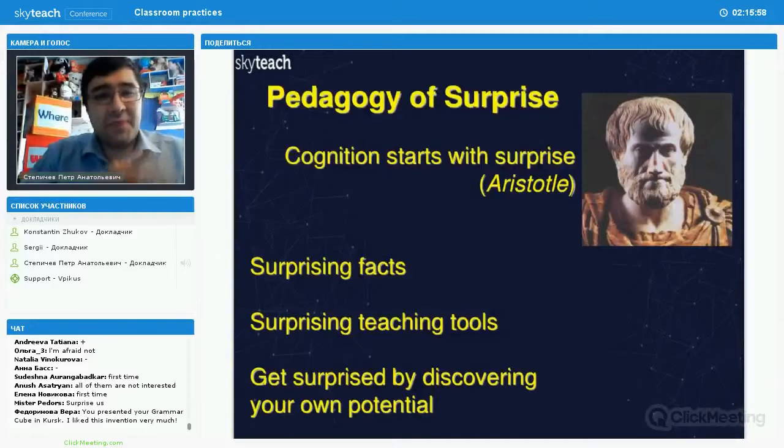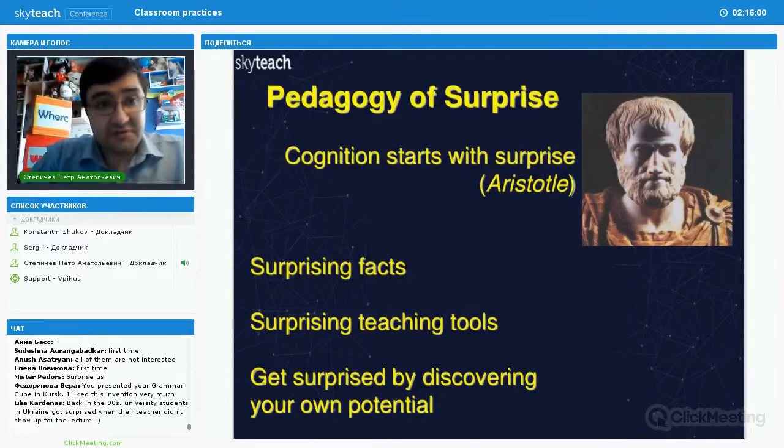We can use several ways to surprise a student. We can use surprising facts, and here we have lots of facts in English that might surprise students. For example, I show them different chocolate bars, and I ask them what they really mean.